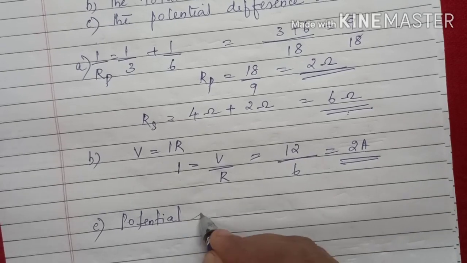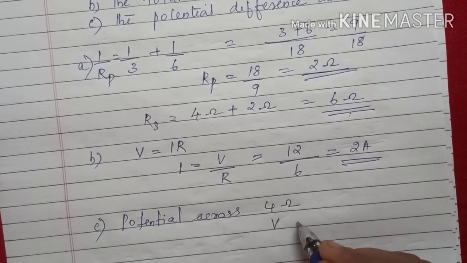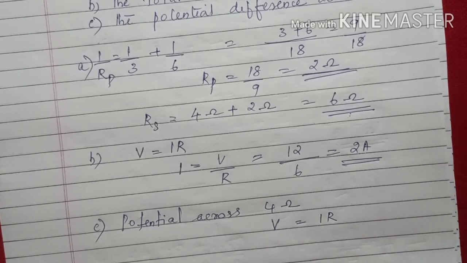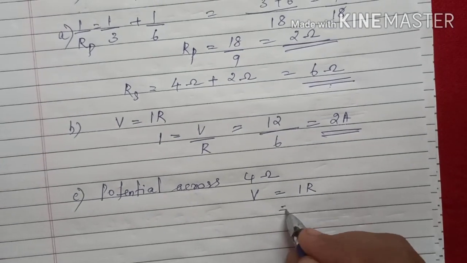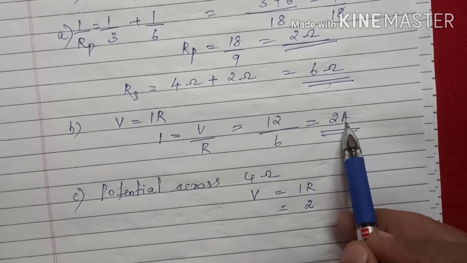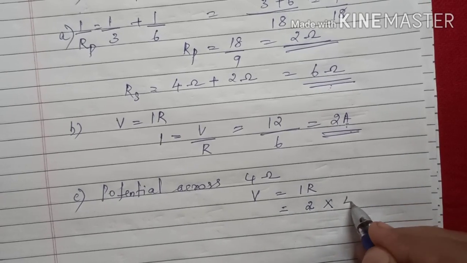Potential across 4 ohm is given as V. V is equal to what? I into R. I is the same for all the resistors, isn't it? Since it's in series, I is the same. So what is I here? You got it as 2 ampere in the above question. 2 into the resistance you want to calculate, which is 4 ohm.